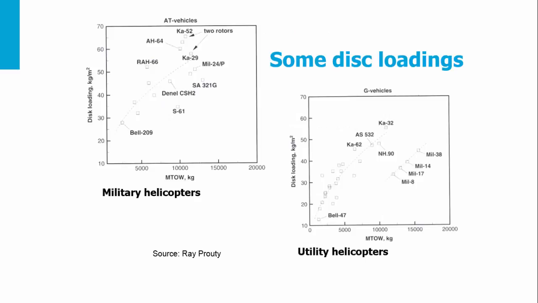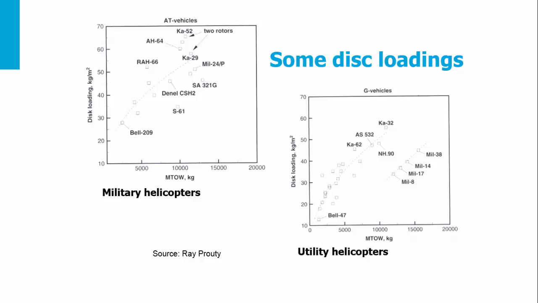Examples of disk loadings. Here you have the military helicopters and the utility helicopters as a function of the maximum takeoff weight. You see that for the military helicopters, the Bell 209 has almost 30 kilos per square meter. The Comanche RAH-66 has a much higher disk loading of 50 kilos per square meter.